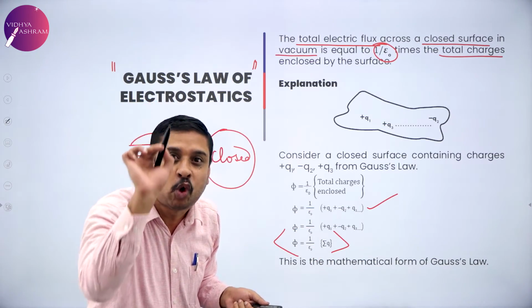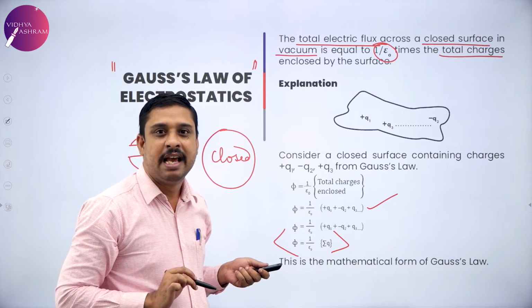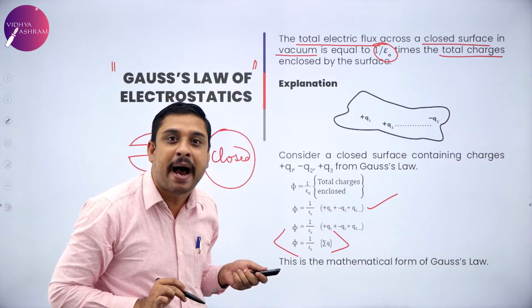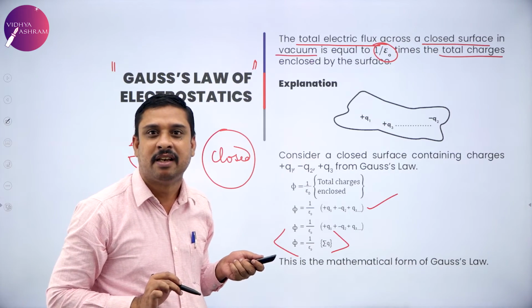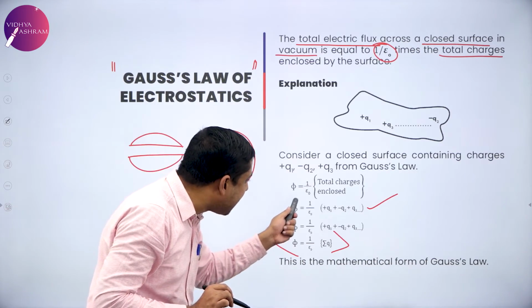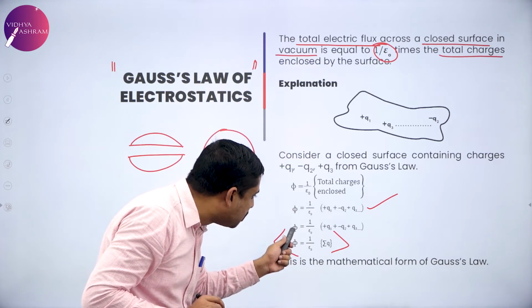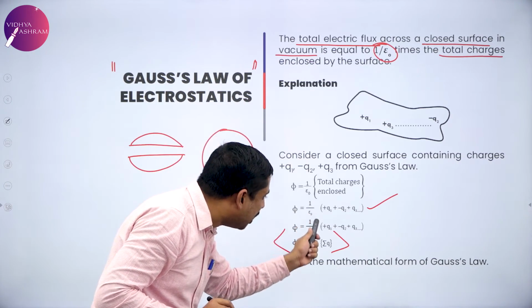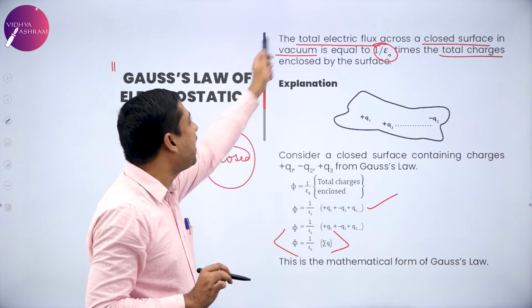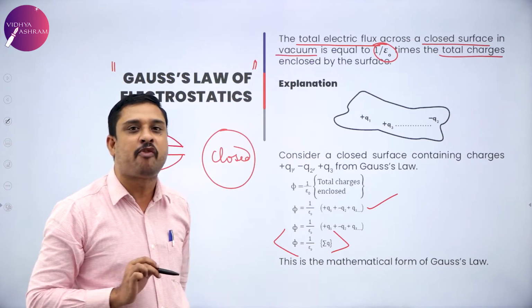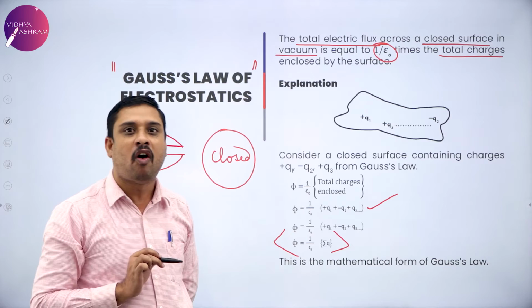It is the total charges enclosed by the surface. So electric flux is equal to 1 by epsilon naught times the total charges, and that is the statement of my Gauss law.